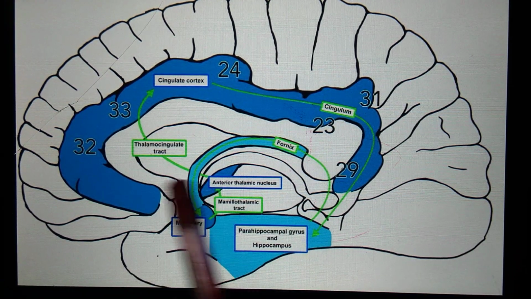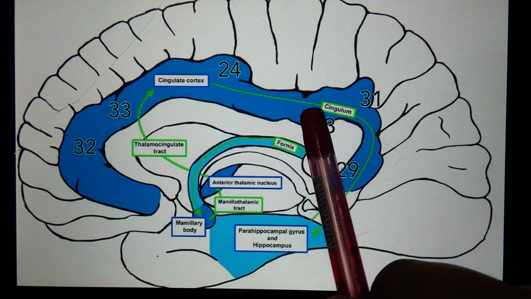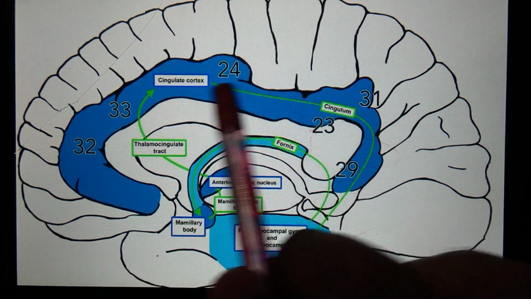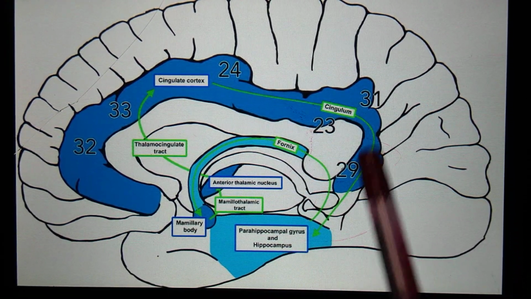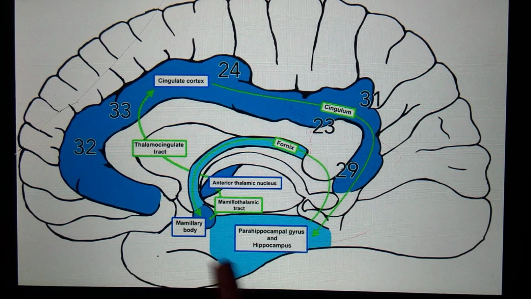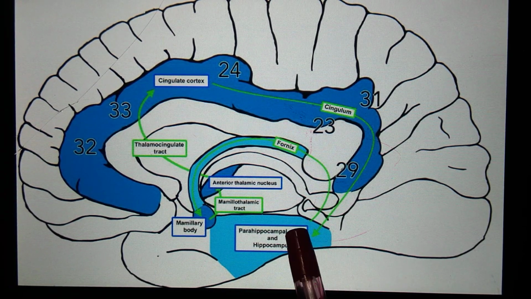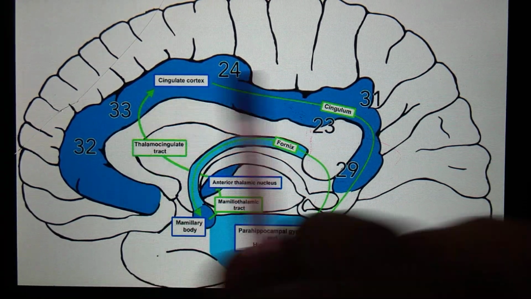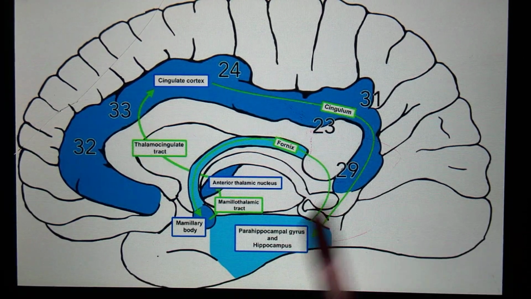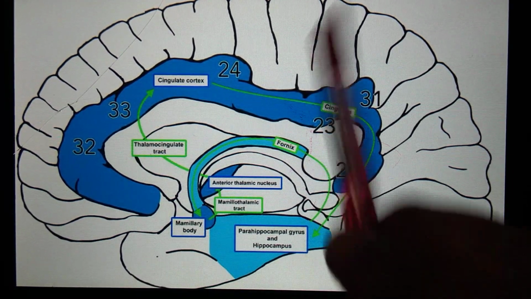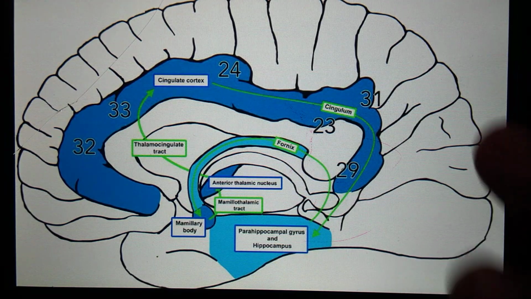And then from this cingulate gyrus, the white fibers called cingulum come to the same parahippocampal gyrus or hippocampus. So this whole circuit, the green colored pathway, is called our Papez circuit, which is mainly related to our memory and emotion.